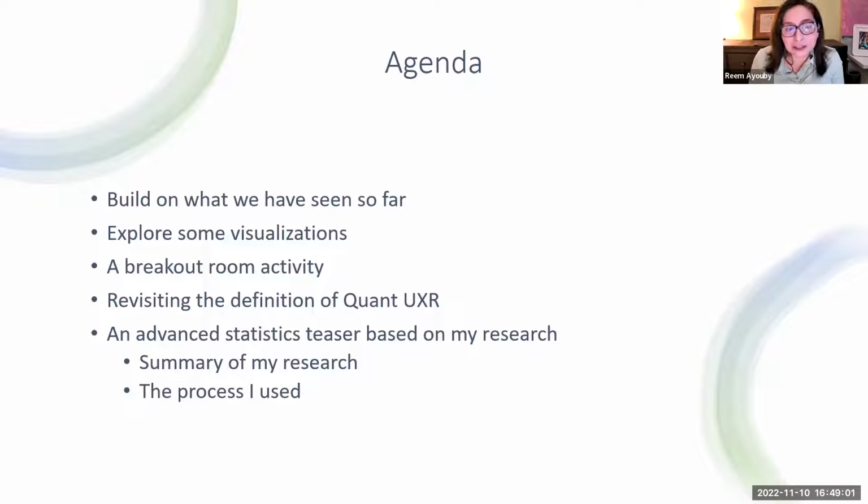And I would like us to have a little breakout room activity for about 5 minutes so that you have a chance to play with those visualizations and discuss those. And then we'll look at the definition of what quantitative UX research is, just to anchor us back down, and then move on to the advanced statistics and summary of the research I've done and the process that I've used to illustrate the way we can use these advanced statistics.